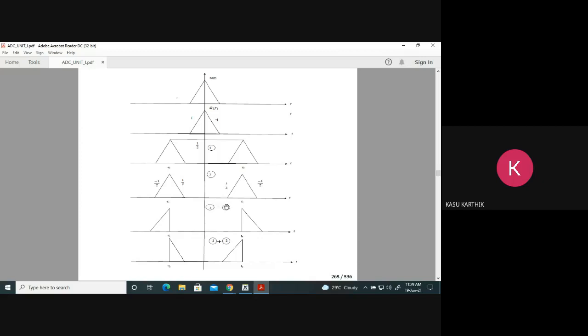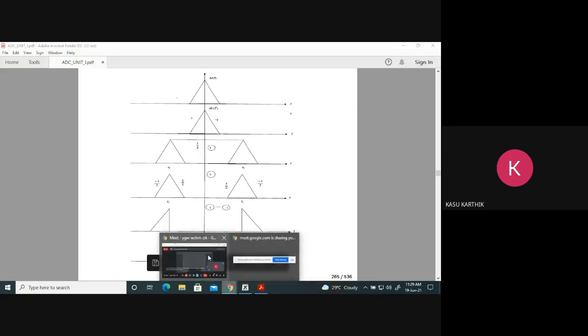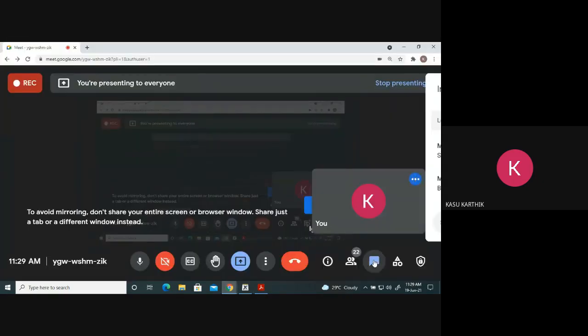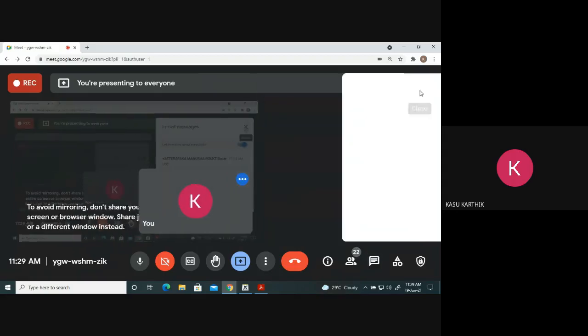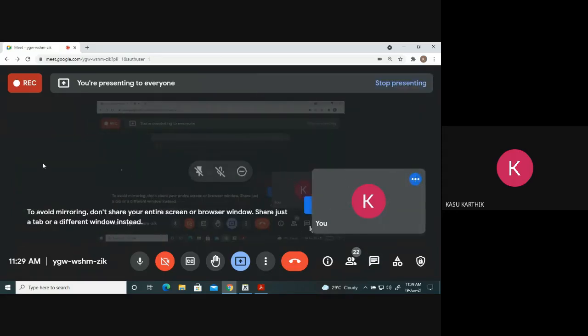If I subtract these two equations, I am getting upper sideband. If I add these two equations, I am getting lower sideband. Okay. This is for your understanding. Any doubts? You can ask me now. So with this, we'll complete single sideband also. Little bit is there to discuss. So let us proceed now.